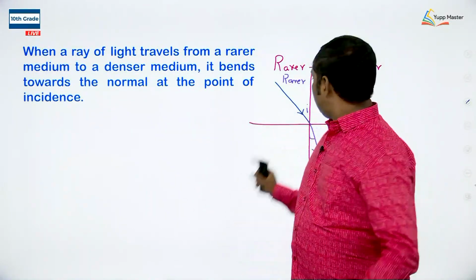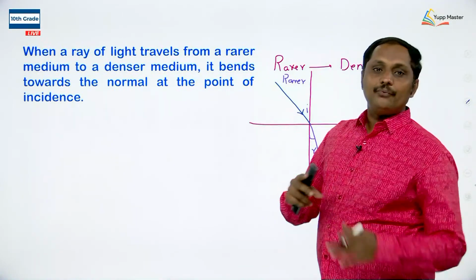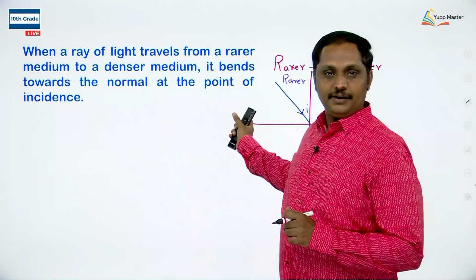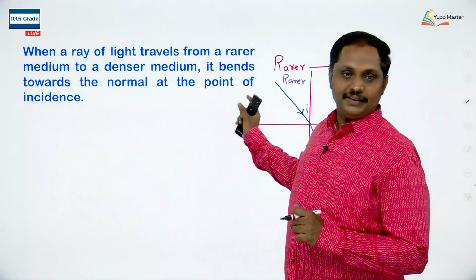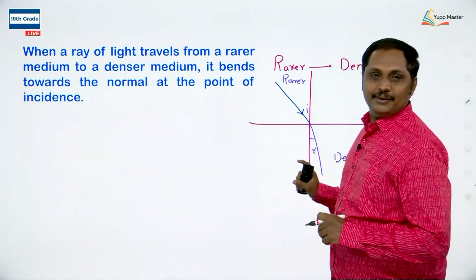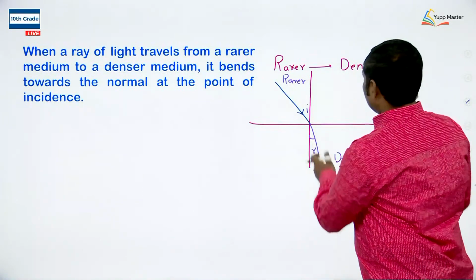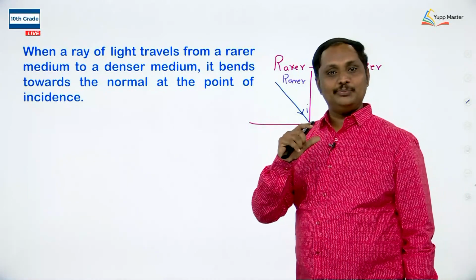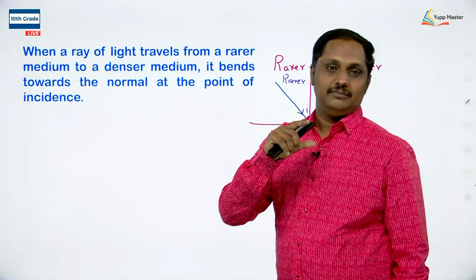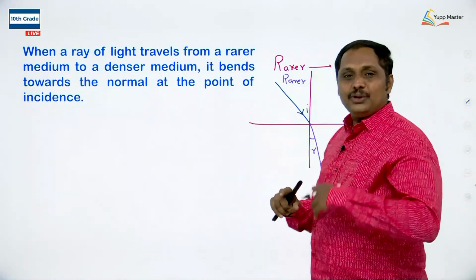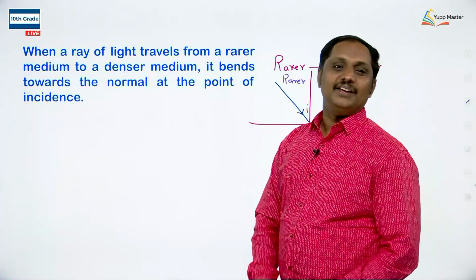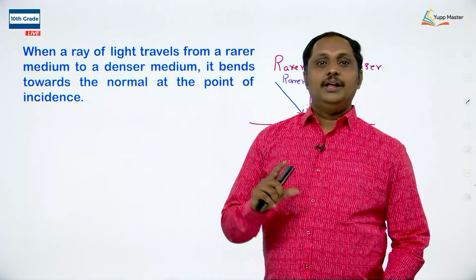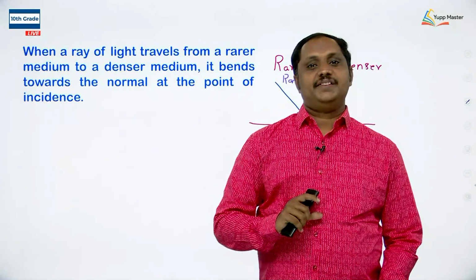Density means the number of atoms per unit volume; in the rarer medium it is less than that of the denser medium. In the denser medium, the number of atoms per unit volume is high. So, with different densities, the speed of light is not the same. The speed of light changes.